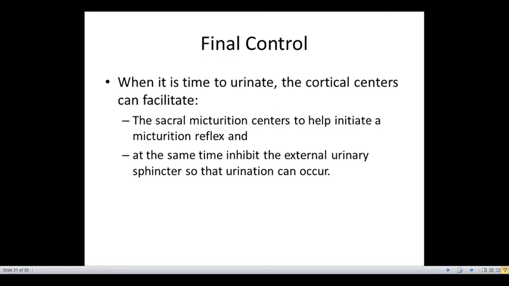So, when it is a suitable time to urinate, the cortical centers can facilitate the sacral micturition centers to help initiate a micturition reflex and at the same time inhibit the external urinary sphincter so that urination can occur.